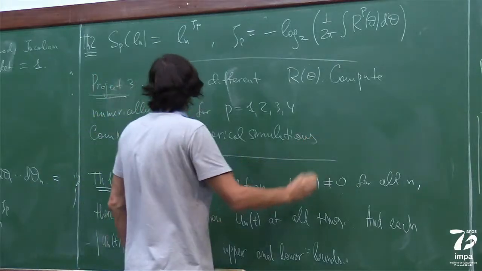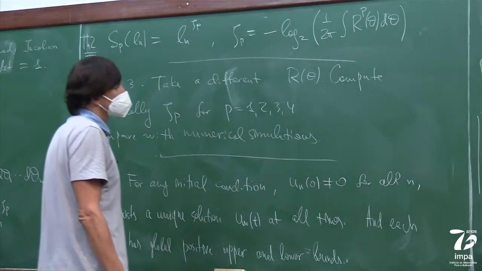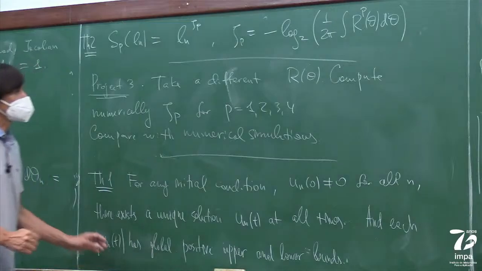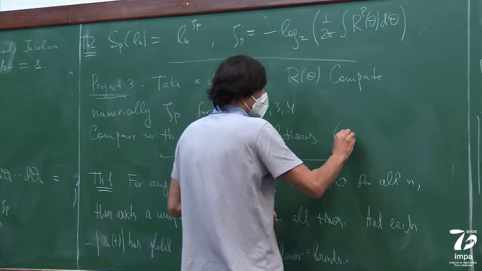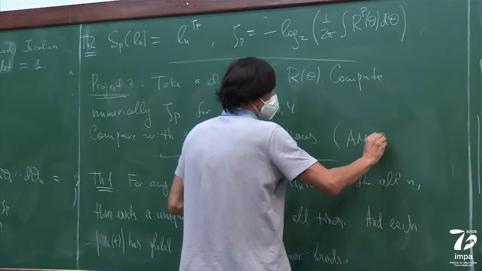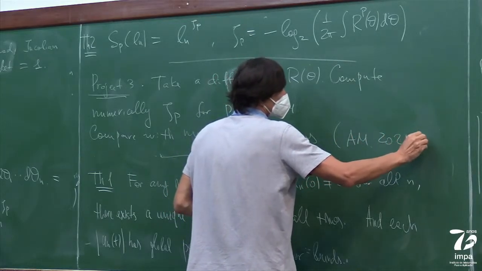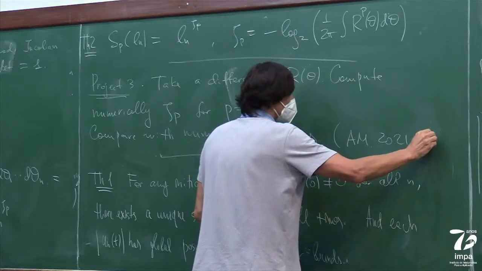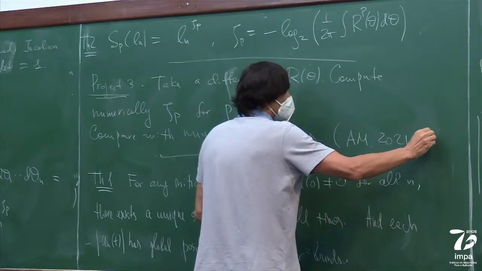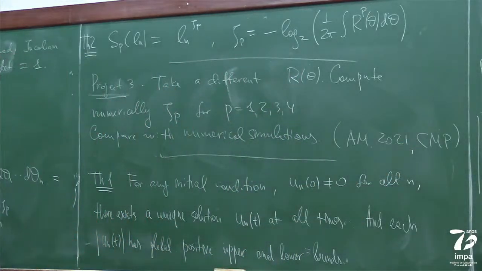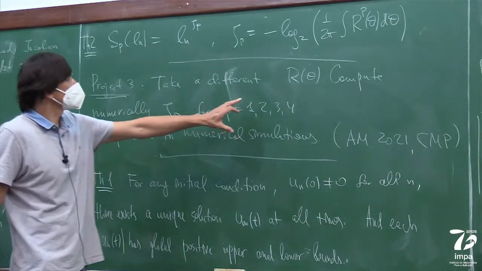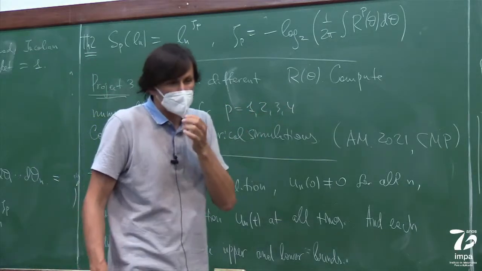For details, you can check the paper. It's a paper that you can take from my web page. This is the paper of 2021 in Communications in Mathematical Physics. So just make this numerical analysis, but for different R.